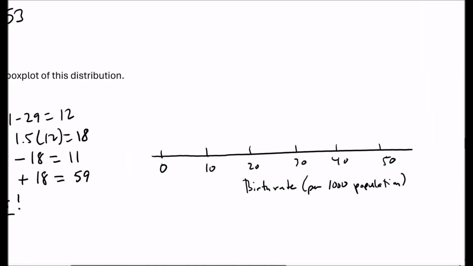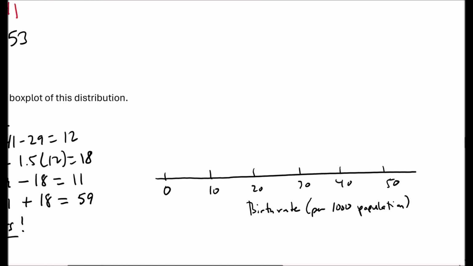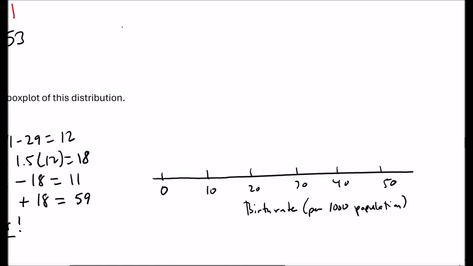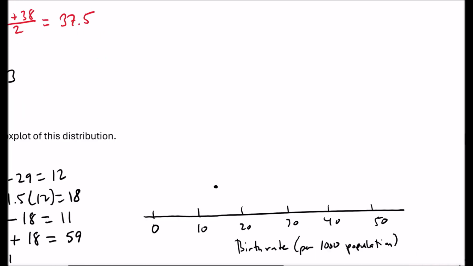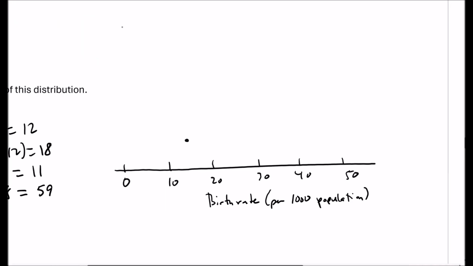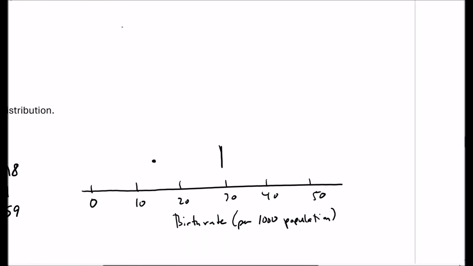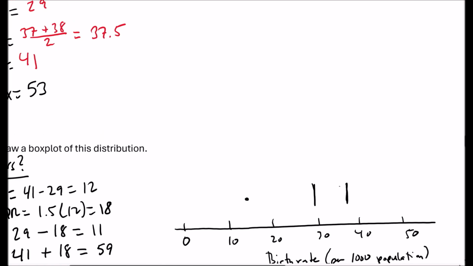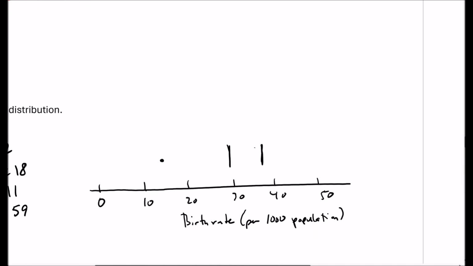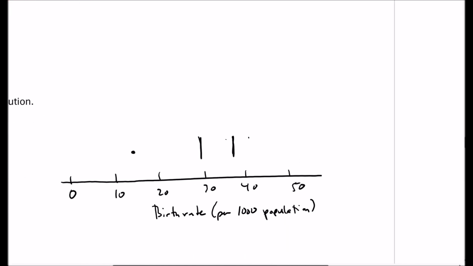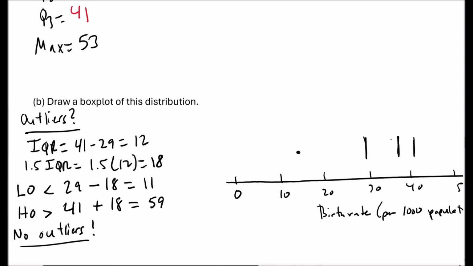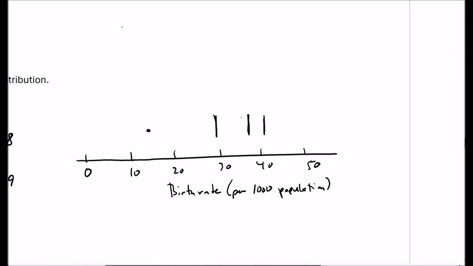The minimum is 14, so it's right around here. The first quartile is 29, so it's close to 30. The second quartile is 37.5, close to 40. The third quartile is just above 40, and lastly the maximum is 53, so it's going to be right around here.